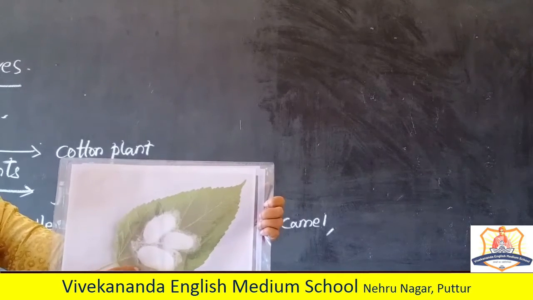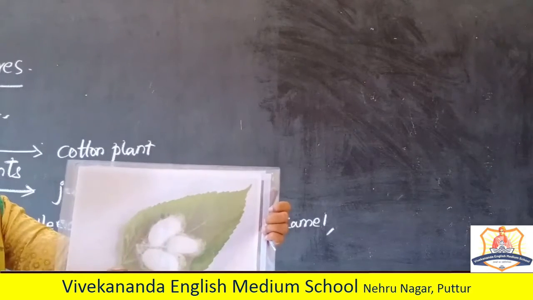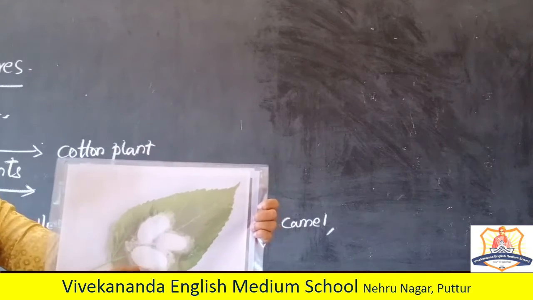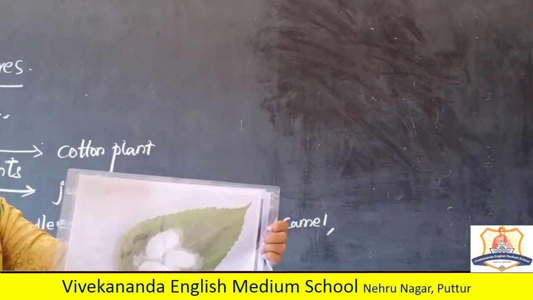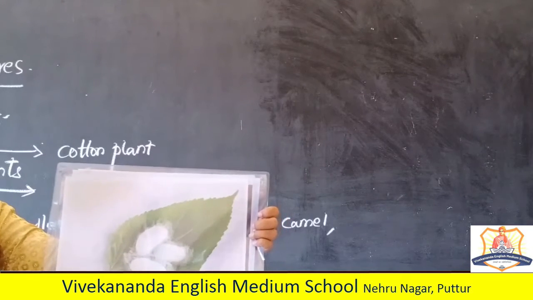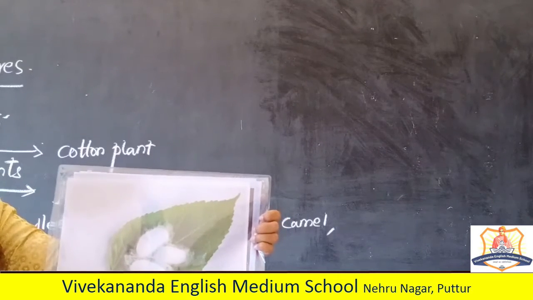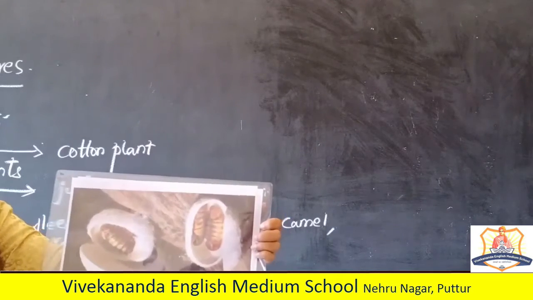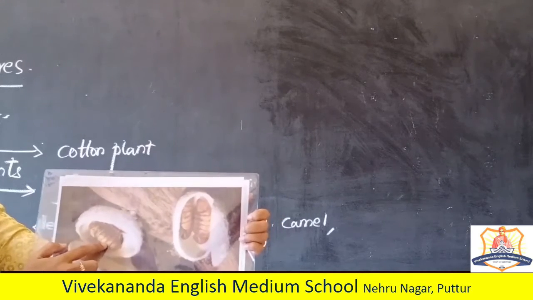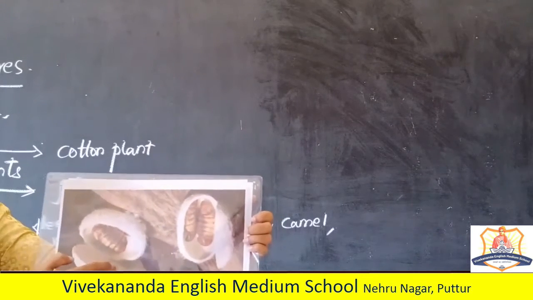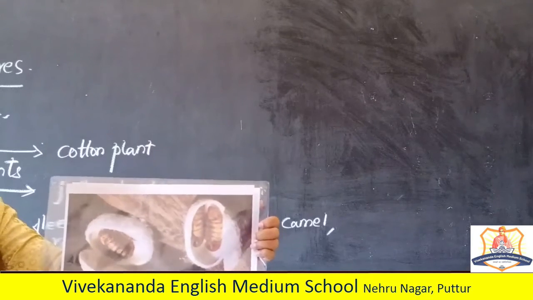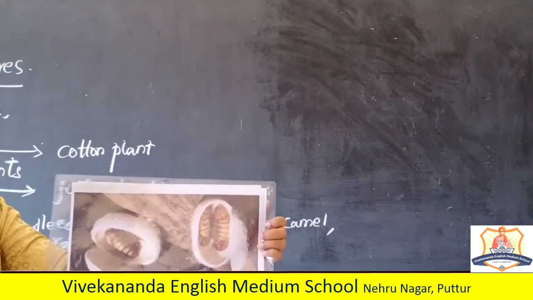These are mulberry leaves and the cocoon is formed here, and inside this cocoon silkworms are present. If you open that cocoon, you can see the silkworms.